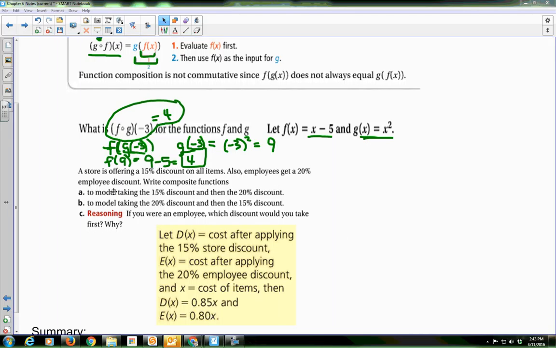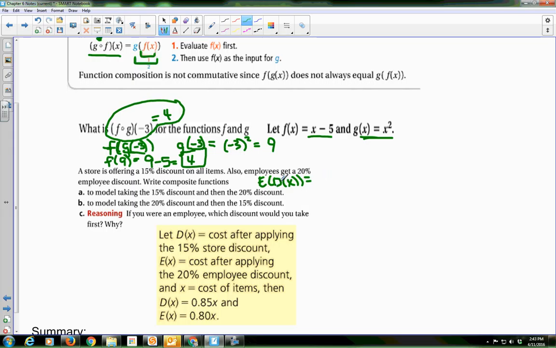So what do we have when we apply our first discount, then our second discount? We do the store discount first and then the employee discount. So the employee discount is on the outside, and d of x is on the inside.